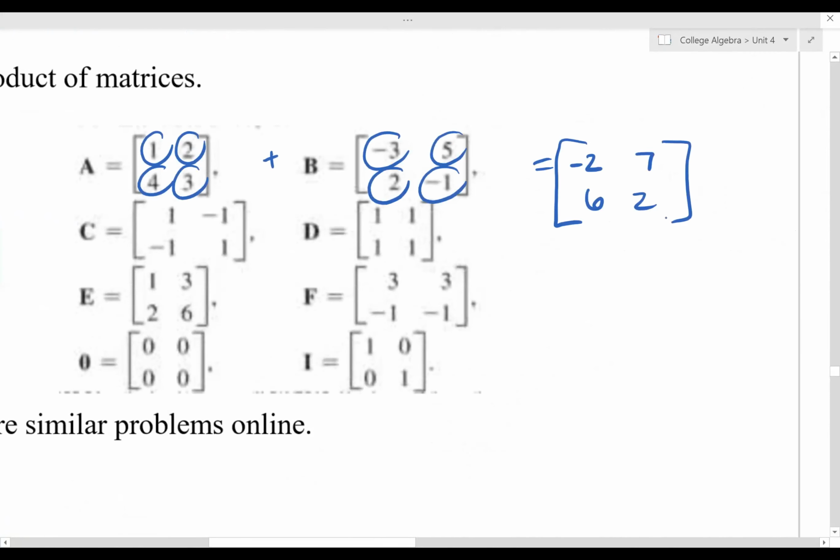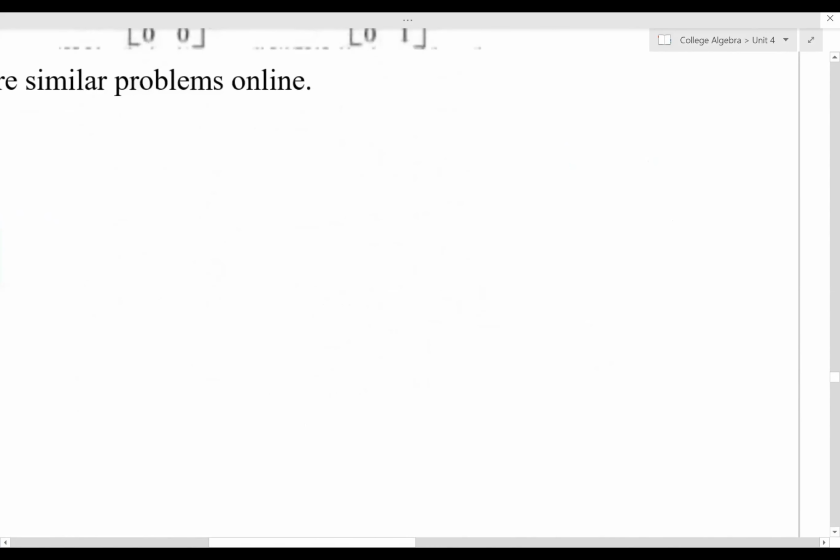So your corresponding positions have to add together. So obviously when you add matrices, they have to be the same size, the same dimensions, okay? So you can do a 2 by 2 and a 2 by 2 because everything has a match when you add it up. But you couldn't do a 2 by 2 and a 3 by 3 because you wouldn't have matching numbers and positions. Okay.